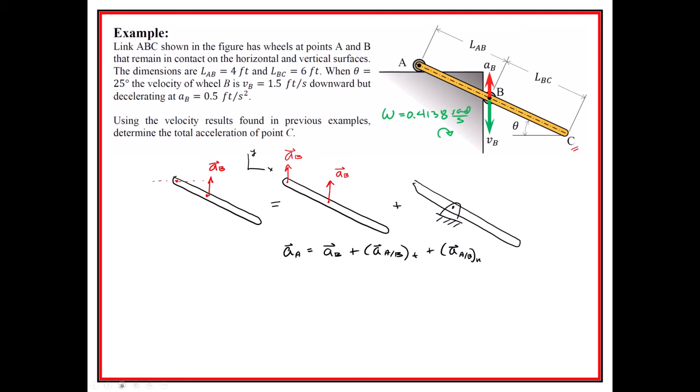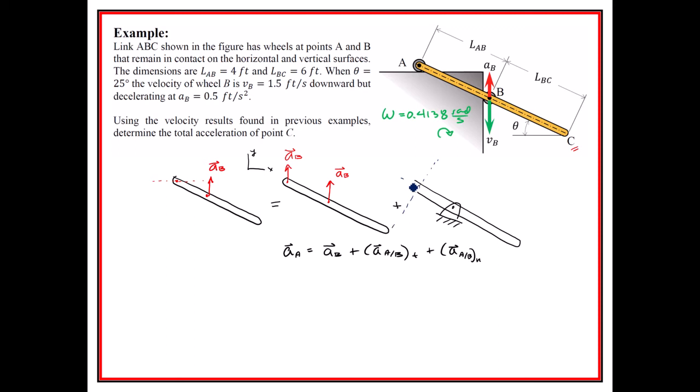All right, and hopefully I didn't make this diagram too small, because we want to be careful with the angles right here. So first off, here at this spot B, there's going to be 2 different components. One of them is going to be tangential, and it's going to be along this line.